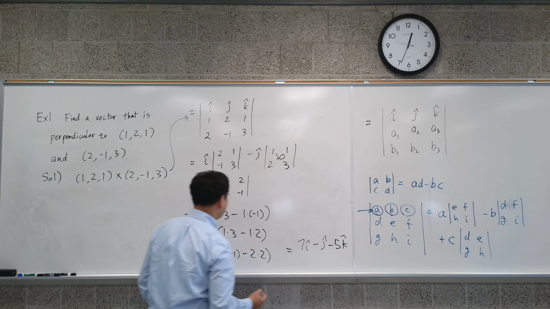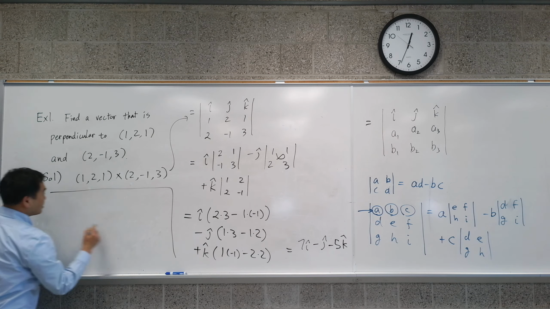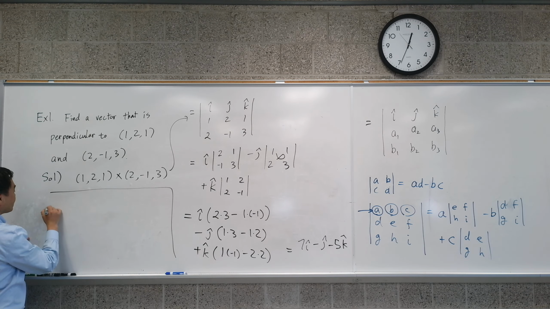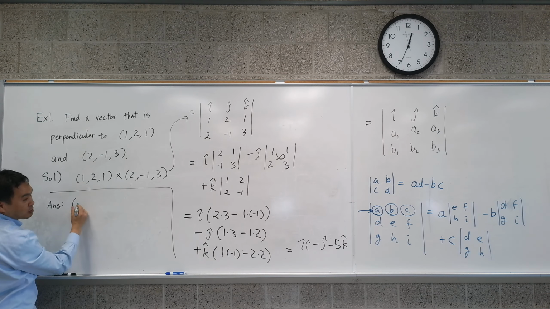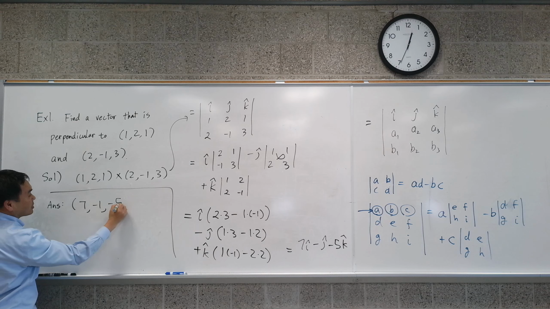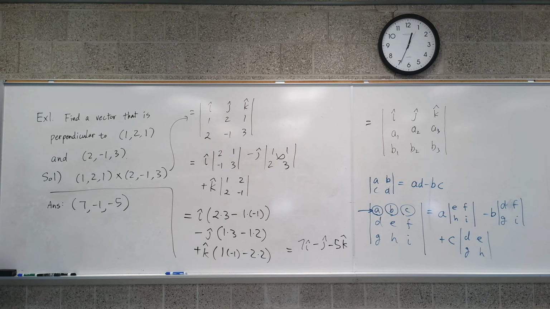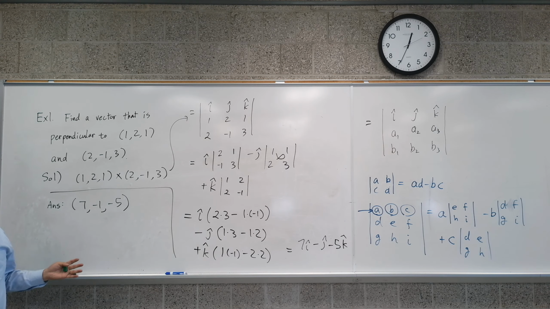Okay. And therefore, if I write that vector in the same form as this, it will be 7, comma, -1, comma, -5. Okay? So I claim that this vector is perpendicular to both of these vectors. How can you check?